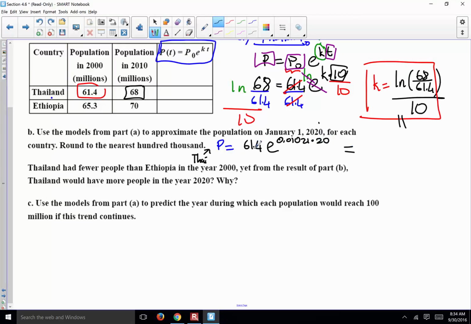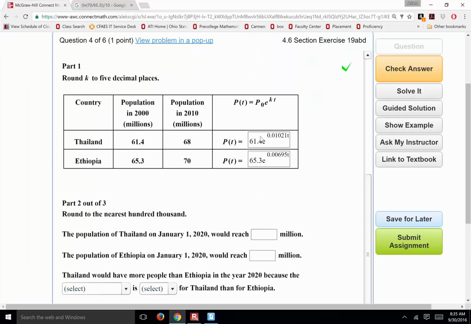All you need to do is punch in these numbers and compute it up to the nearest 100,000, because this is in millions. So really type in 61,400,000 so you can get up to the thousand answer. Anyone?